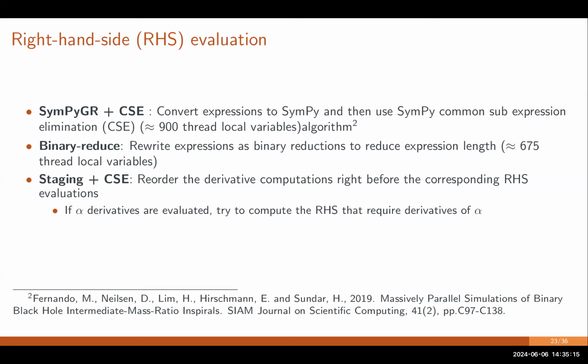So the idea of the staging is to do the common sub-expression elimination per stage. For example, we have the alpha derivatives: we compute them, compute the right-hand side that depends on them, and be done with the alpha derivative computations.